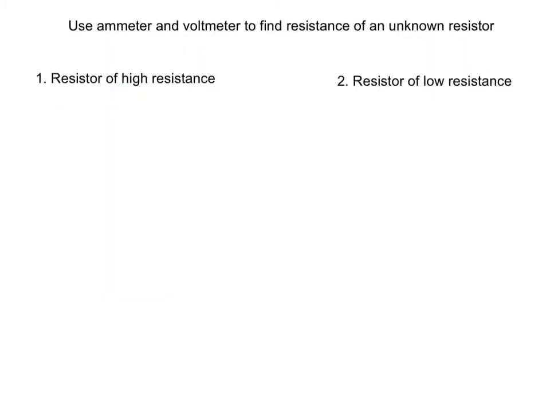Let's see how to use an ammeter and voltmeter to find the resistance of an unknown resistor when both the ammeter and the voltmeter are not ideal.